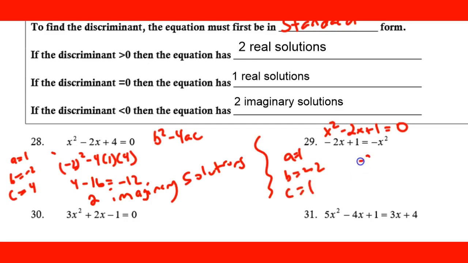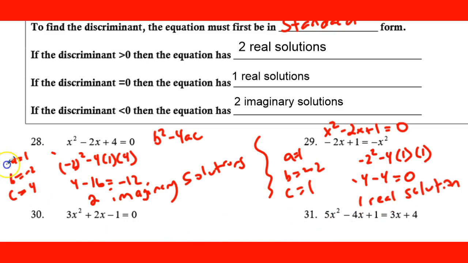So you go -2 squared minus 4 times a times c. We have 4 minus 4 equals 0. See how the discriminant here is 0? If it's equal to 0, there's 1 real solution.